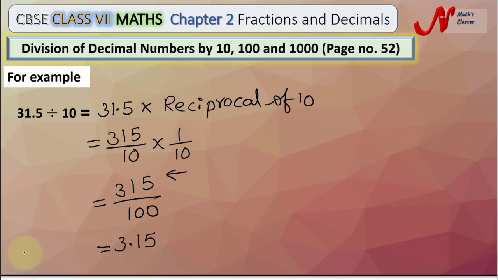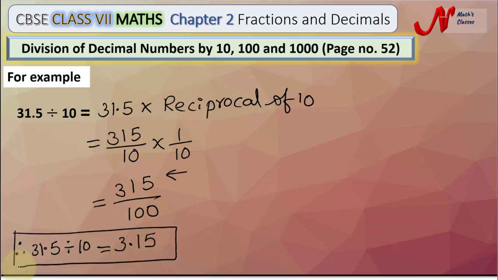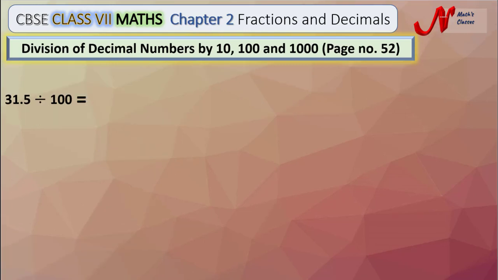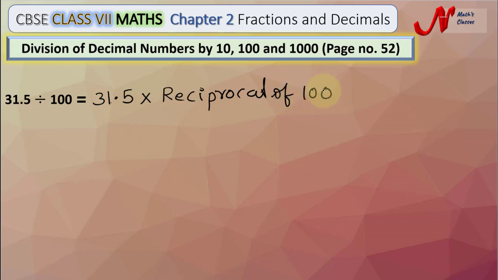Therefore, 31.5 divided by 10 can be written as 3.15. So now divide 31.5 by 100. So it can be written as 31.5 into reciprocal of 100. So it can be written as 315 by 10 into reciprocal of 100, which means 1 by 100.